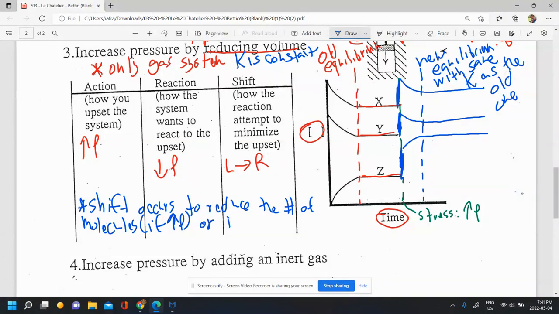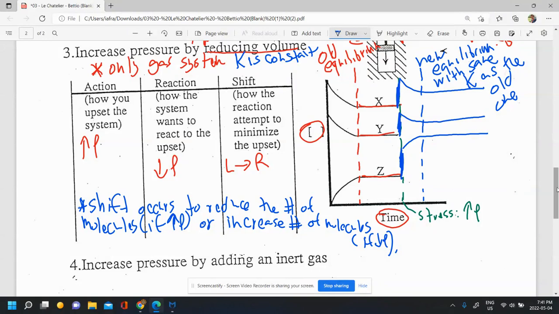Or it occurs to increase the number of molecules, if pressure went down, because if pressure goes down, you want to increase the pressure again, so you need more molecules to do that.